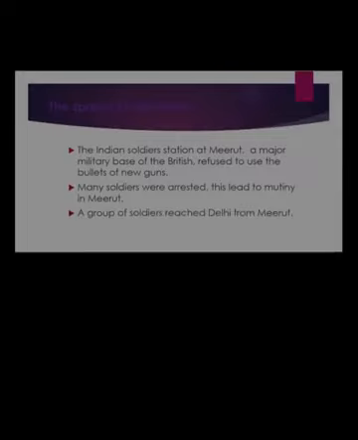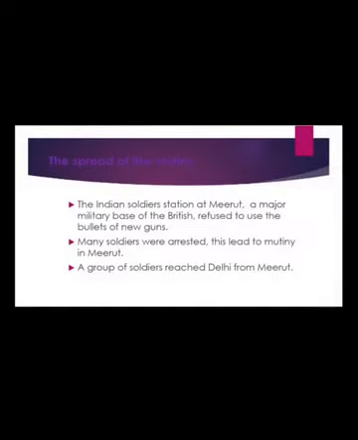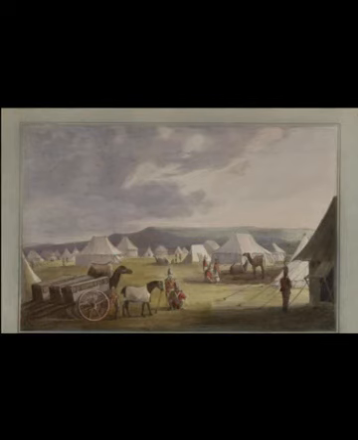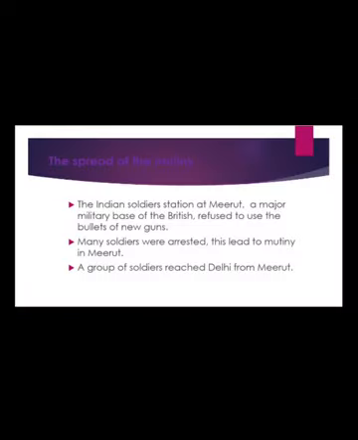The Indian soldiers stationed at Meerut, a major military base of the British, refused to use the bullets of the new guns, so many soldiers were arrested and thrown out of their jobs, which led to mutiny in Meerut.